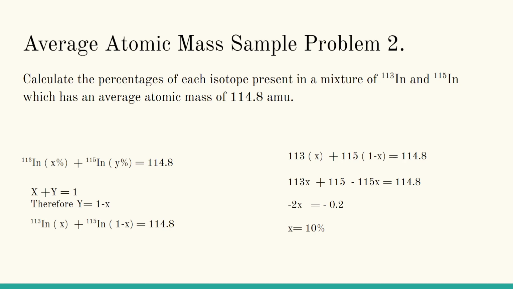Therefore, x is going to be 10%, and y will end up being 90%. And if we look back at our numbers, we see that the average atomic mass is much closer to 115 than it is to 113. So we can continue to use our logic to help us check our answers just to make sure that they end up being correct.